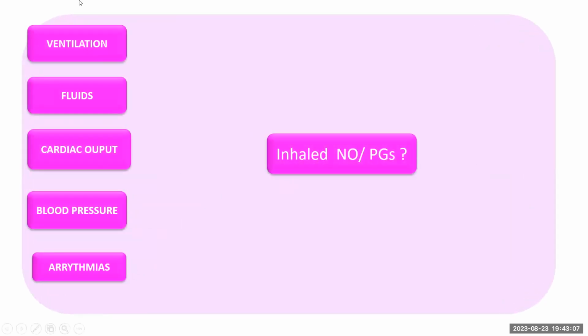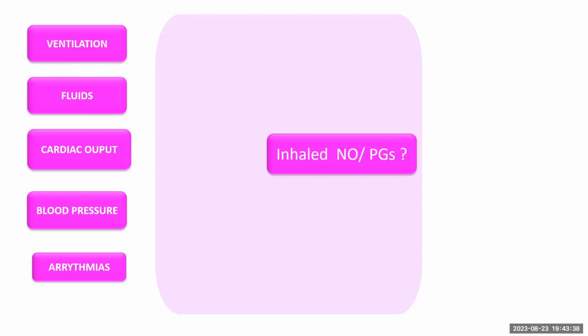So we have discussed ventilation, fluids, cardiac output, blood pressure, and arrhythmias. What about the role of inhaled nitric oxide and prostaglandins? Inhaled nitric oxide and prostaglandins are pulmonary vasodilators. You don't want to use systemic vasodilators because they will lower the blood pressure. There are several reports and small trials which have shown benefit with inhaled nitric oxide and inhaled prostaglandins.